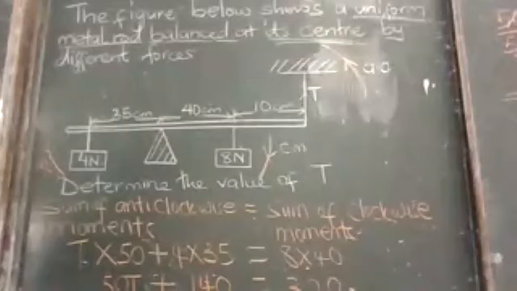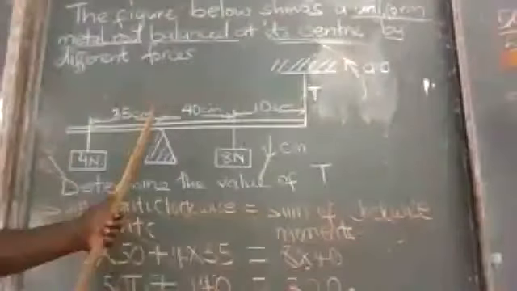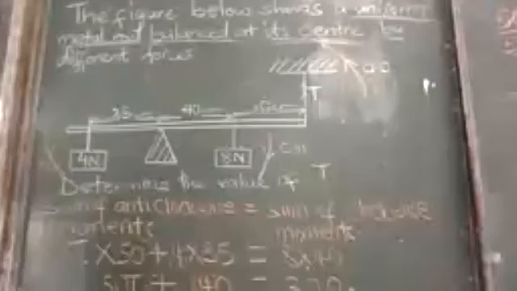Its distance from the pivot is 0. Note that statement. That's why you ignore that weight, because that weight gives you the reaction.